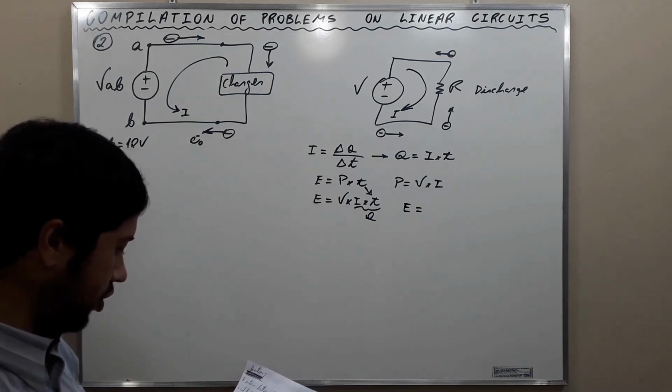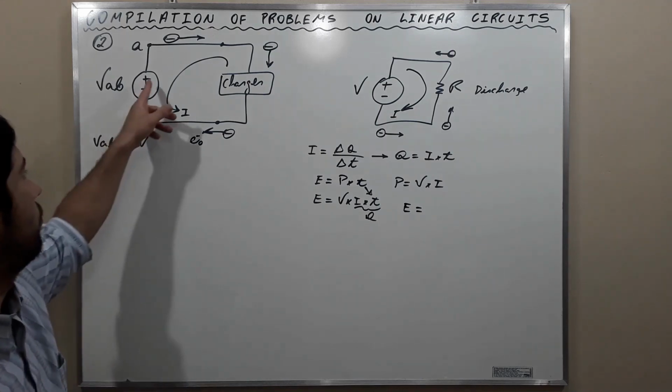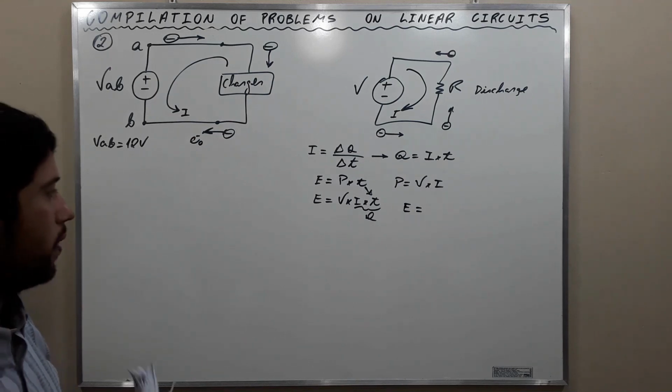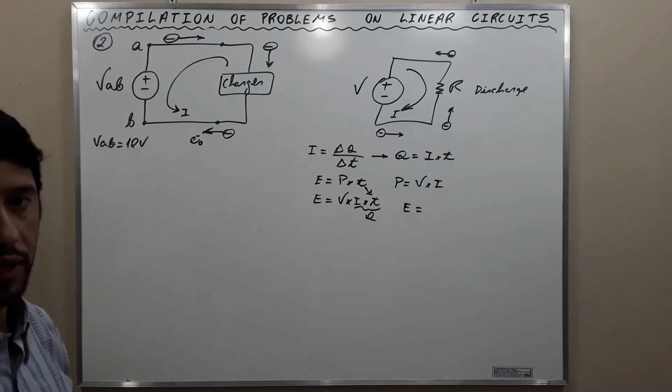amount of charge that must move from one terminal to the other. So an energy of 600 joules will be stored.